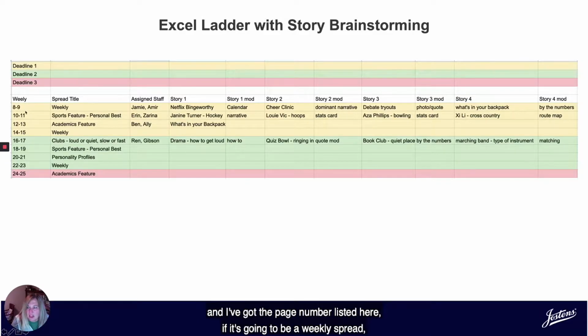And I've got the page number listed here, if it's going to be a weekly spread, who is assigned to it, and then there's a list of the stories that we want to cover and then how we want to cover them. So this Netflix binge-worthy story might be a calendar. This cheer clinic story might be the dominant narrative. Debate tryouts might be a photo quote package, and what's in your backpack might be a by the numbers type of story.